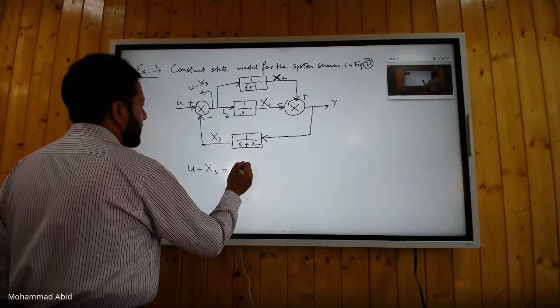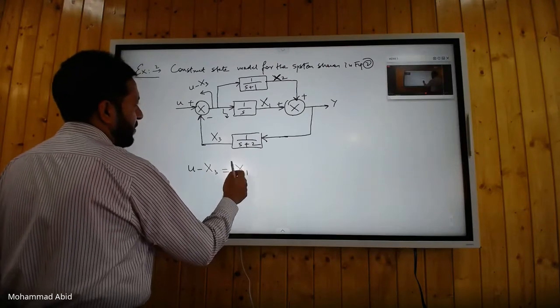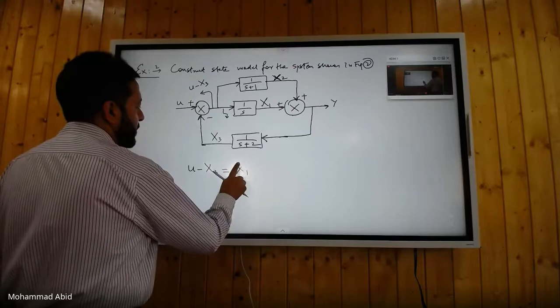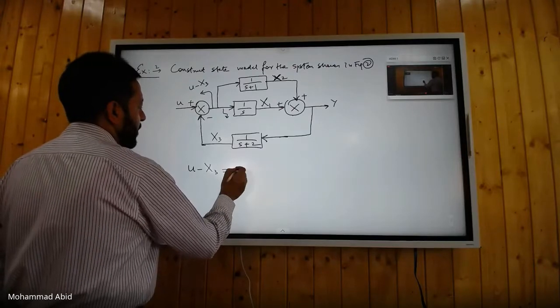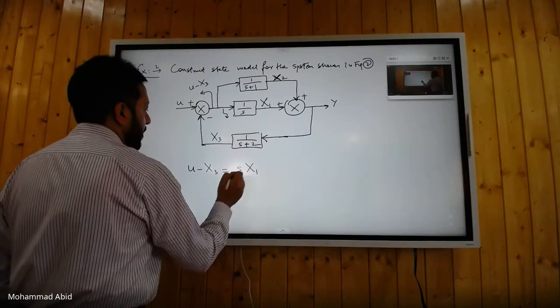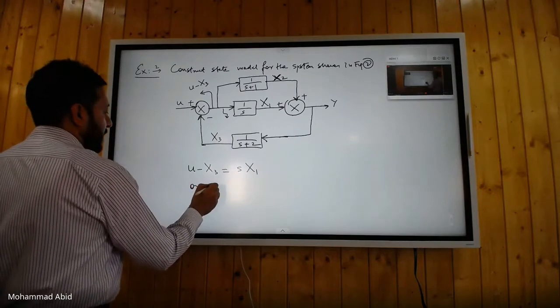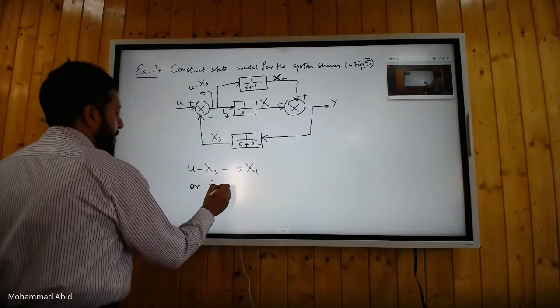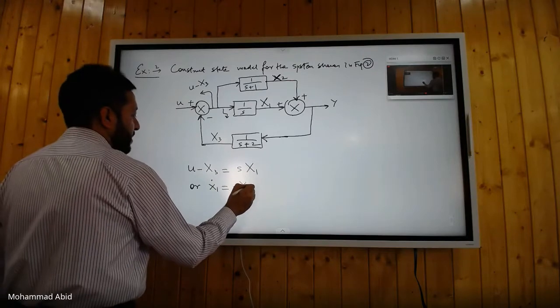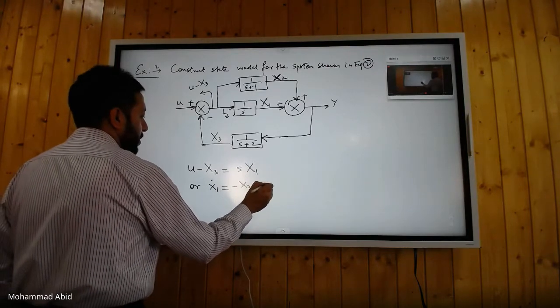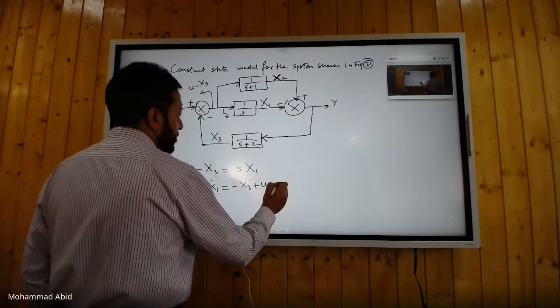Is that right? And s times x1. I can write x1 dot is equal to minus x3 plus u. This I will call equation number 1.